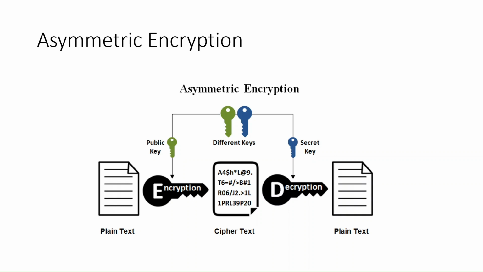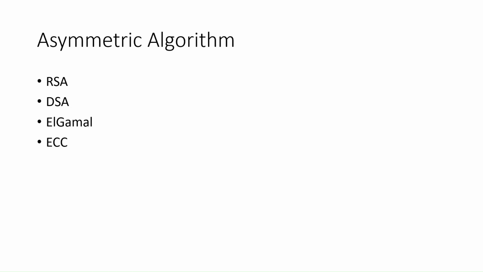Once you have encrypted it and sent it to the receiver, you're going to send the secret key to the receiver, and he or she will use that secret key to decrypt the ciphertext, which will be converted again to plain text. In asymmetric encryption, you could use several algorithms such as RSA, DSA, ElGamal, and ECC.